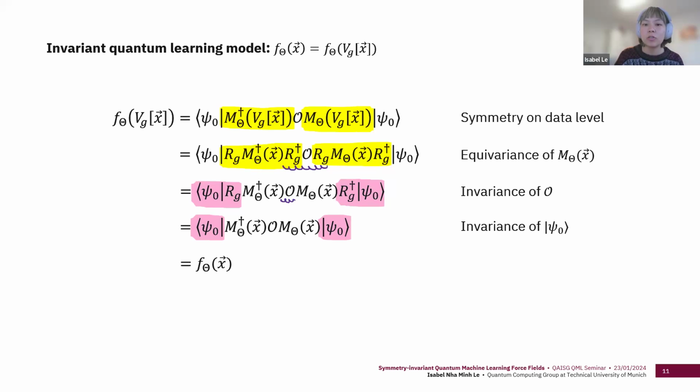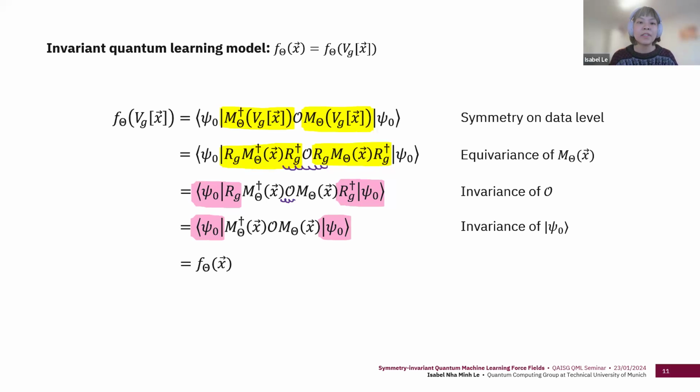And due to the equivariance of this variational circuit, I can just pull out the symmetry action and push it to the qubit space or to the qubit level. And then due to the invariance of the observable, the symmetry representation R_g can be absorbed.